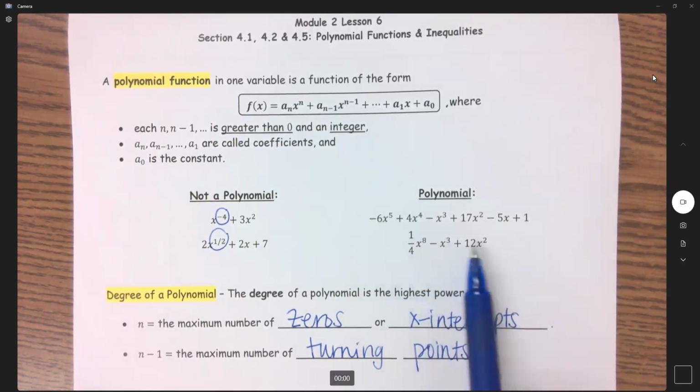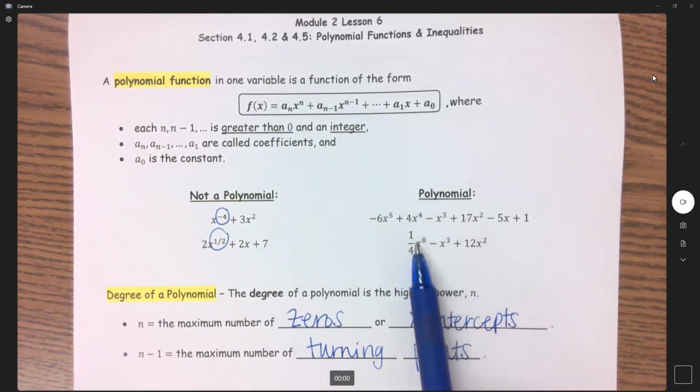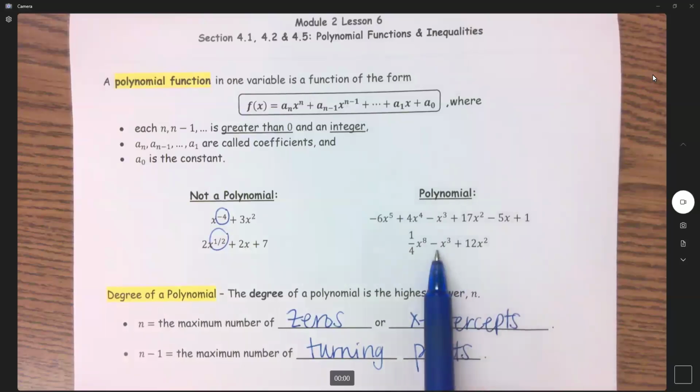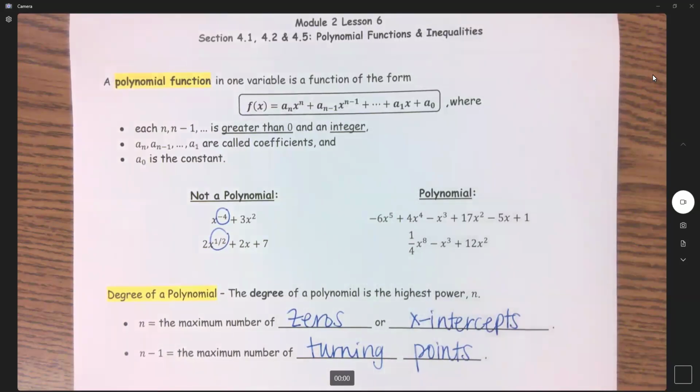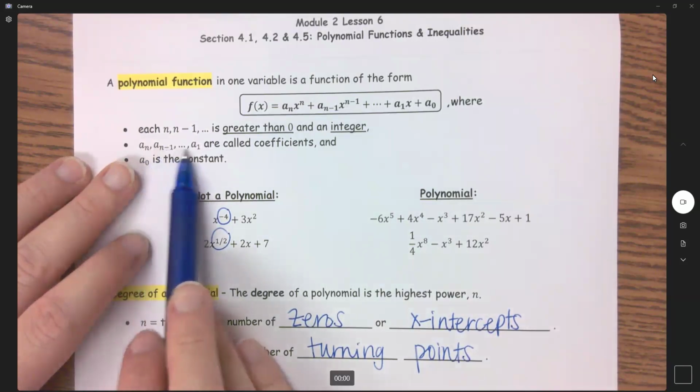Then we have x cubed and x squared. It's okay that they miss some x's, but you still want all of these exponents to be going in descending order. So if I had this as x squared and then x cubed, and these were backwards, that wouldn't be in proper form.